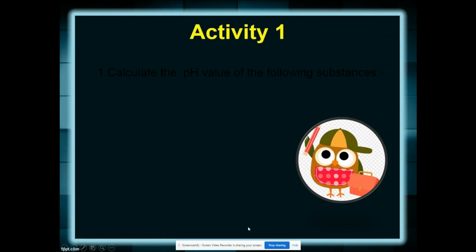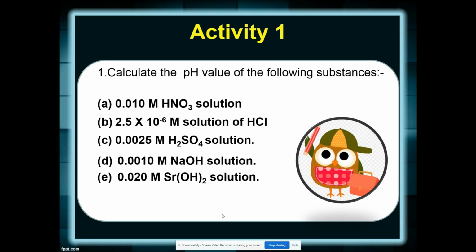Now let's go to activity 1. Calculate the pH of the following substances. I want you to take out your exercise book and copy down this question and try to do it. You have to be very careful about the type of solution given. If it's acid, then we calculate the concentration of hydrogen ion.